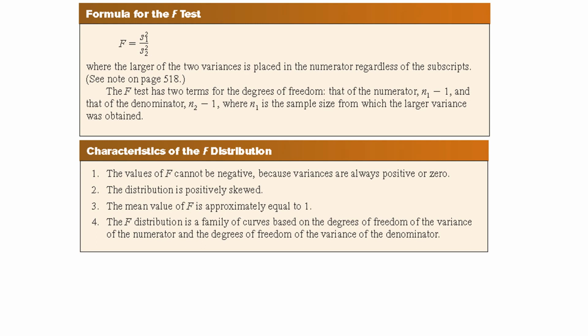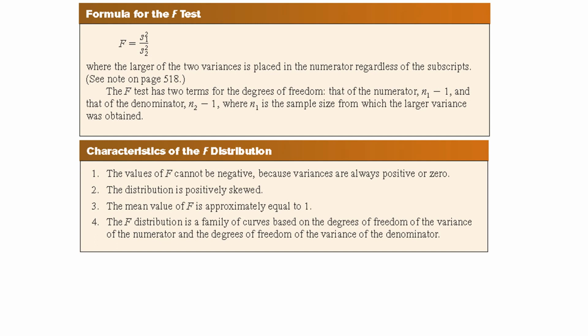The distribution is positively skewed. The mean value of F is approximately equal to 1, and the F distribution is a family of curves based on the degrees of freedom of the variance of the numerator and the degrees of freedom of the denominator.